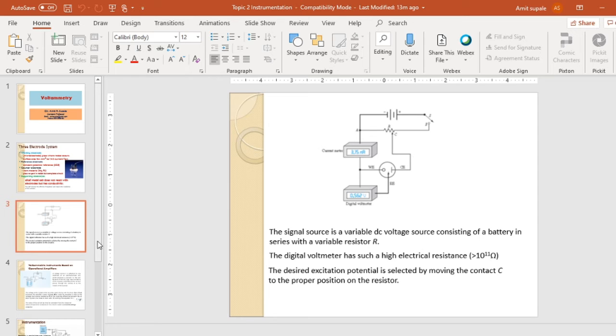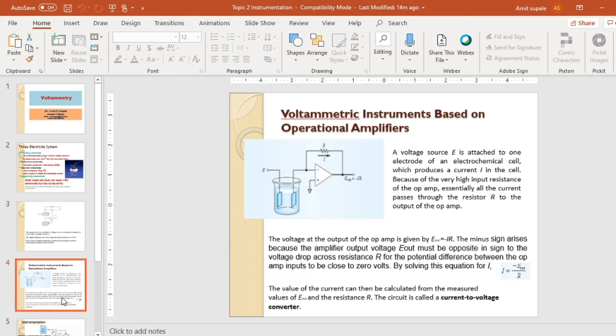This can be used for linear sweep voltammograms, but nowadays more powerful operational amplifier circuits are used to record voltammograms. This is the basic idea of how an operational amplifier works.